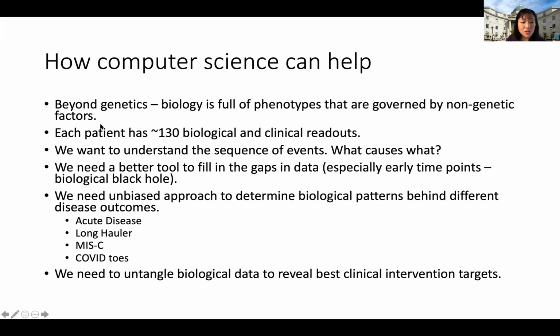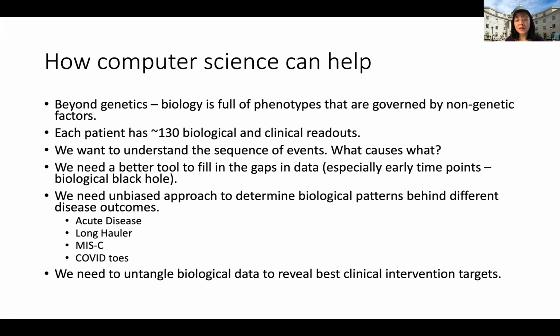Each patient, as I mentioned, has now accumulated a large amount of data, clinical readout and biological readout. So there are about 130 different parameters per time point per patient, and we have over a few hundred patients accumulated by now. This is a real wealth of data that can be mined to understand the sequence of events, because this is a longitudinal analysis.